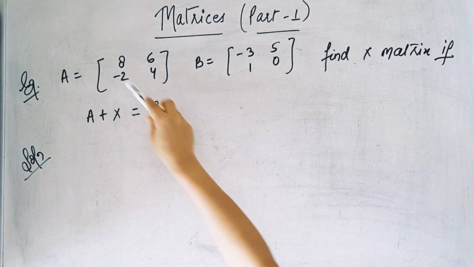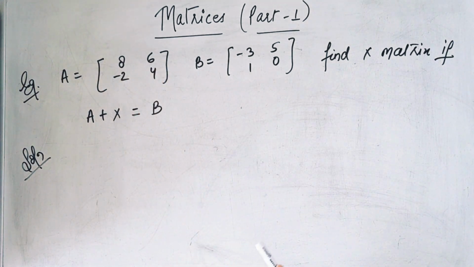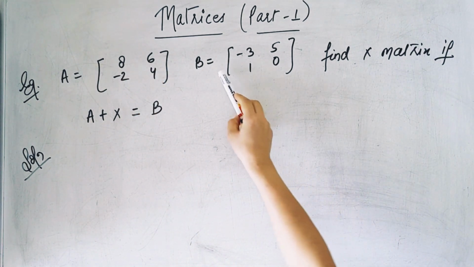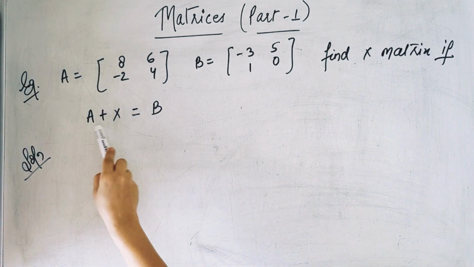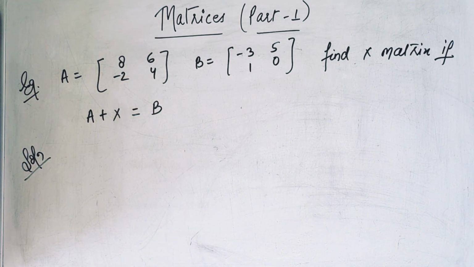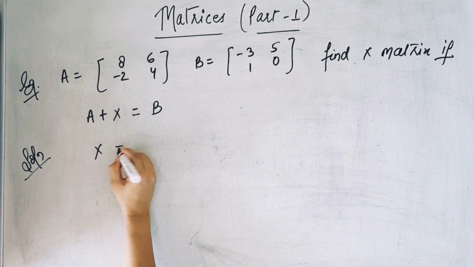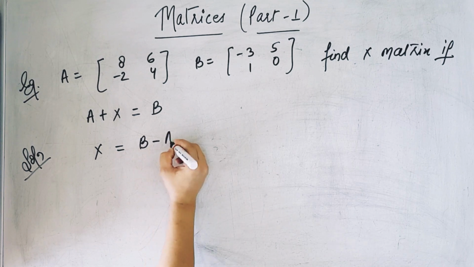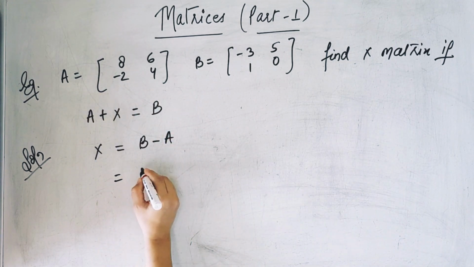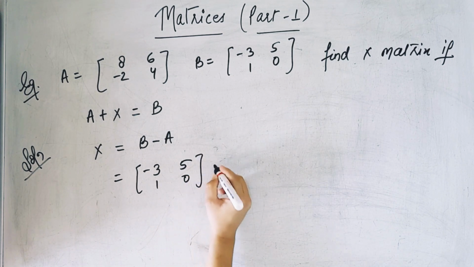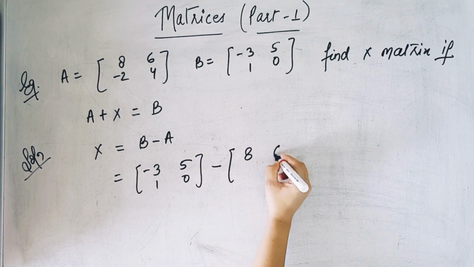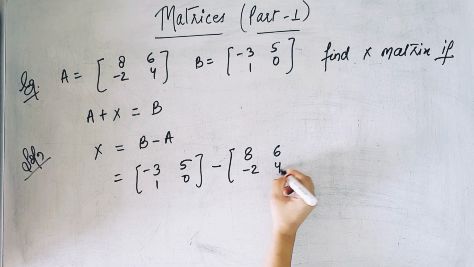A matrix is 8 6 minus 2 4, and matrix B is given to us as minus 3 5 1 0. Now we have to calculate X matrix if A plus X is B. So X matrix will be B minus A, we will shift A to this side. B matrix is minus 3 5 1 0, and A matrix is 8 6 minus 2 4.